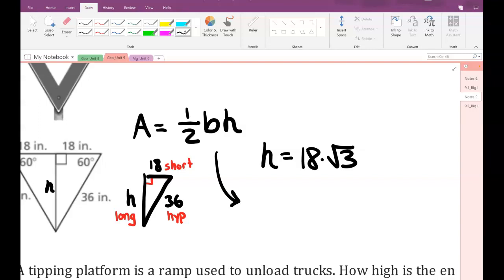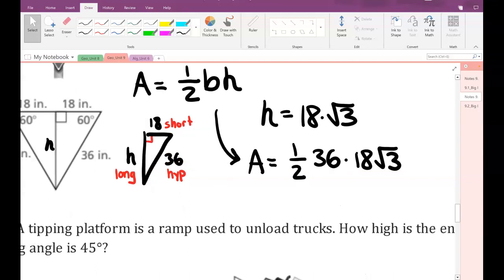Then we can fit that into our formula here. So area is equal to 1/2 of our base of our triangle, which would be 36 because 18 plus 18. So it's 36 times 18 square root of 3. If you want to simplify a little bit, this will be 18 times 18 square root of 3.